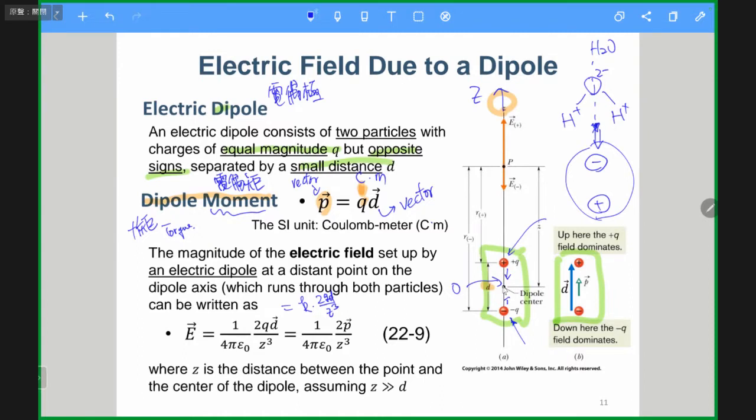You may ask, how about the other points off this Z-axis? I will say it is not easy to write a closed form, or the closed form does not look like a good form. So for this equation, we only show the E field on this Z-axis.